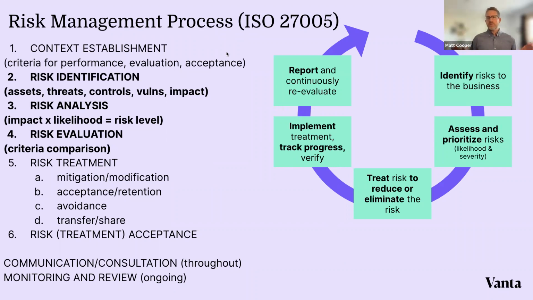So you kind of set the table, because then when you do your risk assessment, you can come back to this agreed upon formula about how we are going to deal with these things and make sure that you're aligning with it when you actually do your risk assessment. Okay, moving on. Risk identification. You're going to look at what the assets in your environment are, what the threats are, the controls that you have, your vulnerabilities, et cetera.